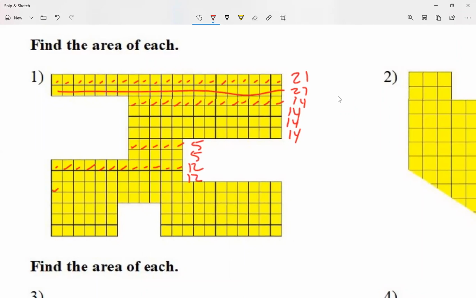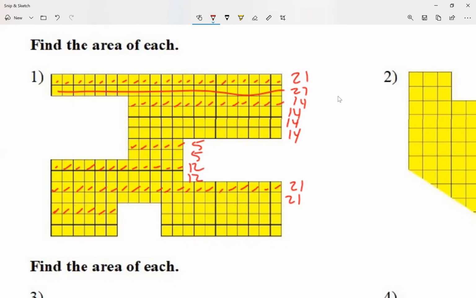And then here in this long one, I have 1 through 21, plus another 21. Now here at the bottom left, I have 1 through 17. And there's another 17 and another 17.